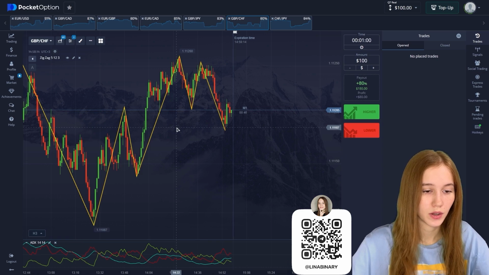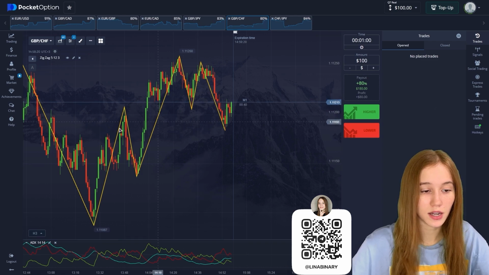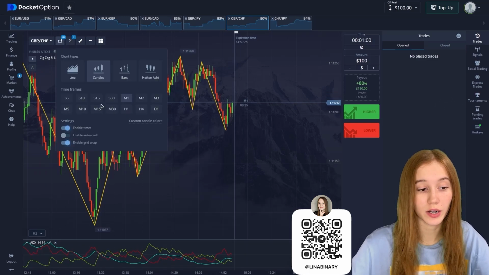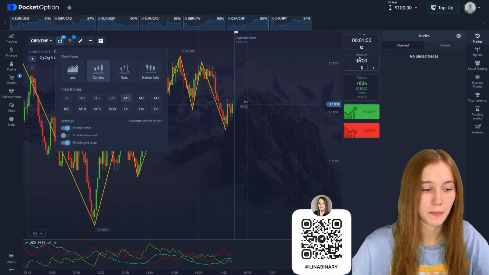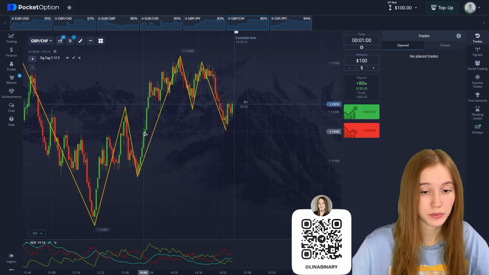So what's more here, the deal time is 1 minute, and we enable the minute time frame in the settings here. So, correct.